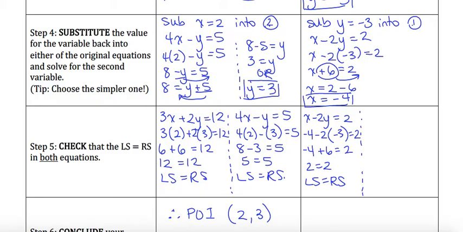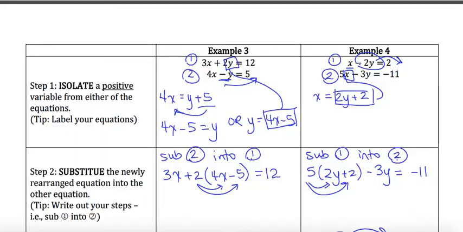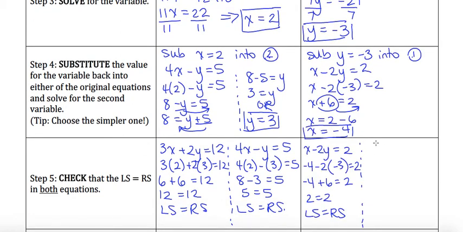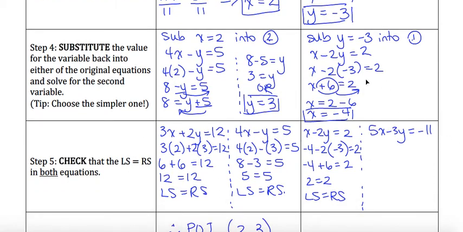Now I need to do the same thing for equation 2. Equation 2 is 5x minus 3y equals negative 11. My value for x is negative 4. My value for y is negative 3.